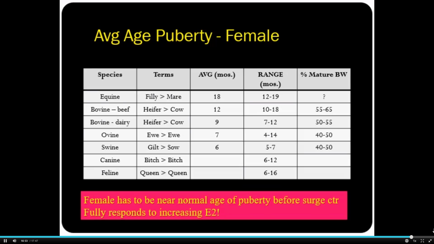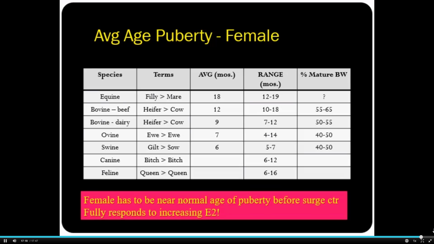In cattle, that's one I always like to use because when we're breeding beef heifers, we like them to be between 55 and 65% of their mature body weight at breeding. And then by the time they calve, they should be around 85%. And one last key point is the female has to be near her normal age of puberty before the surge center really responds to increasing E2.